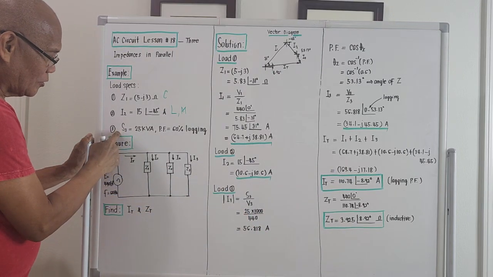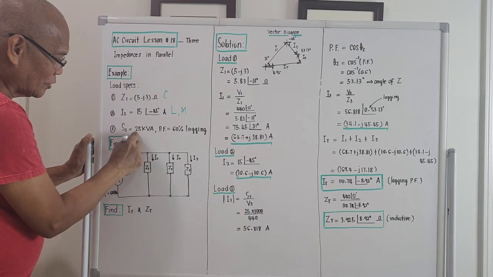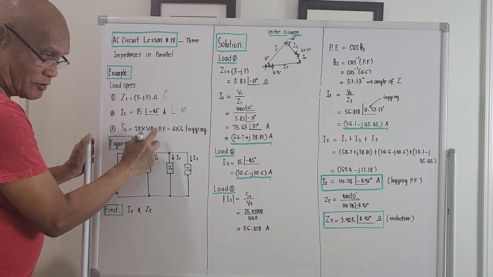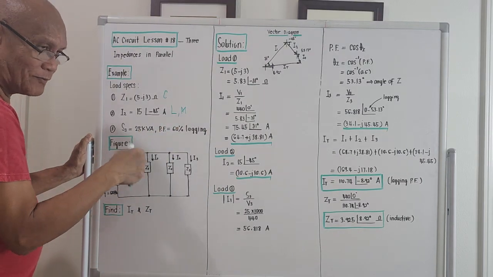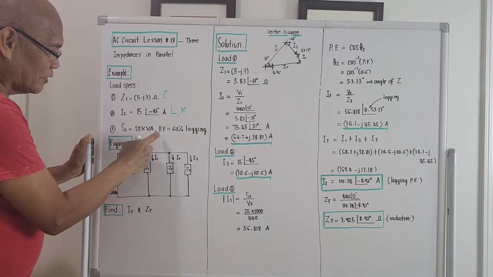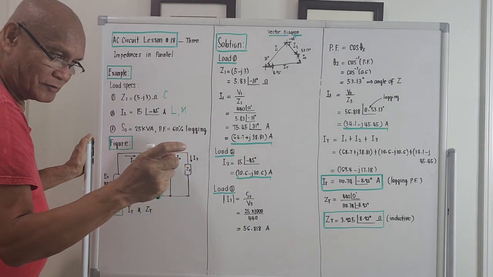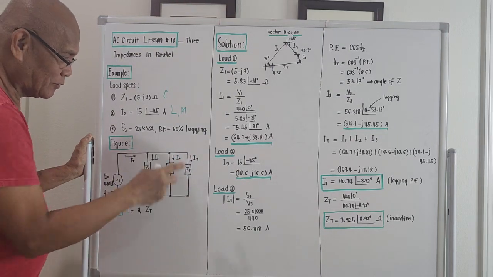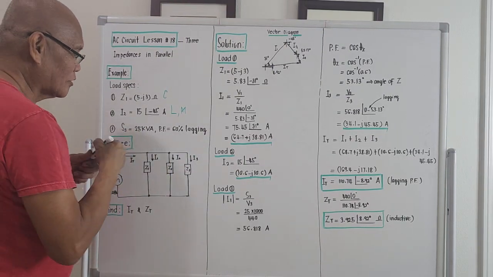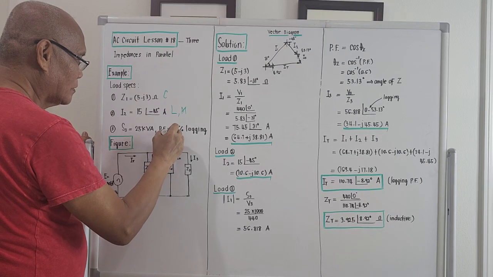The total apparent power for load number 3 is 25 kVA. That's a very big one, meaning 25,000 volt-amperes. The power factor is 60%, and the given specs say the power factor is lagging. So this could still be a motor load maybe.